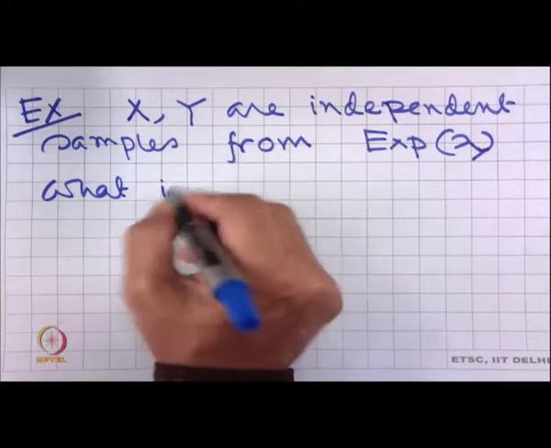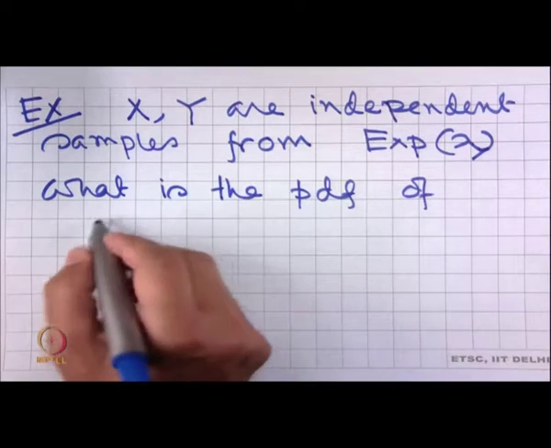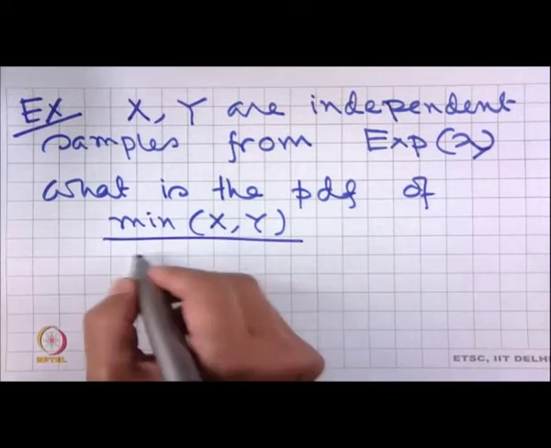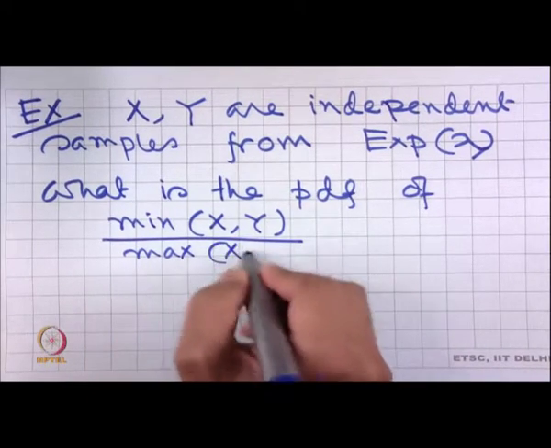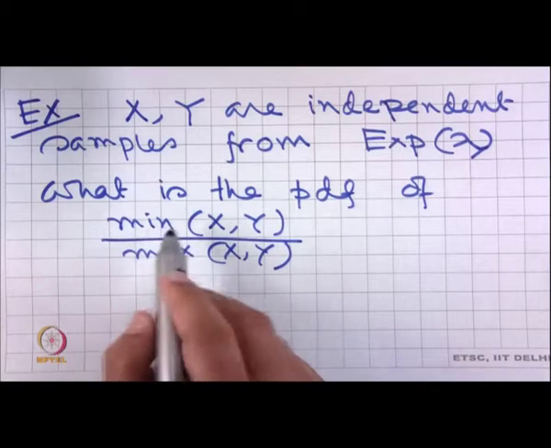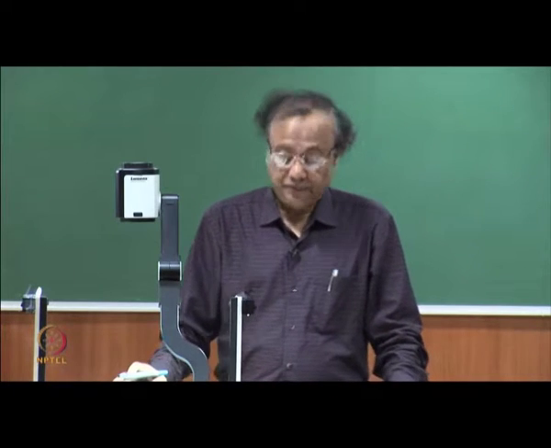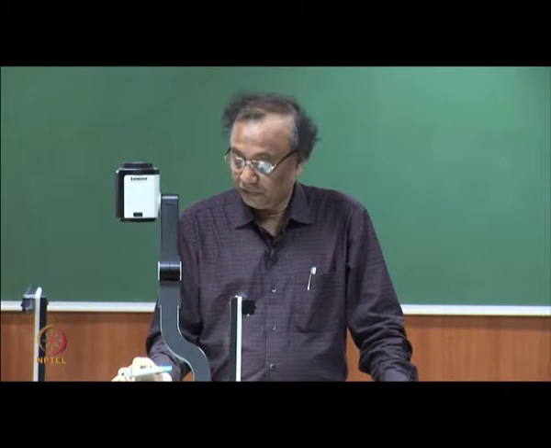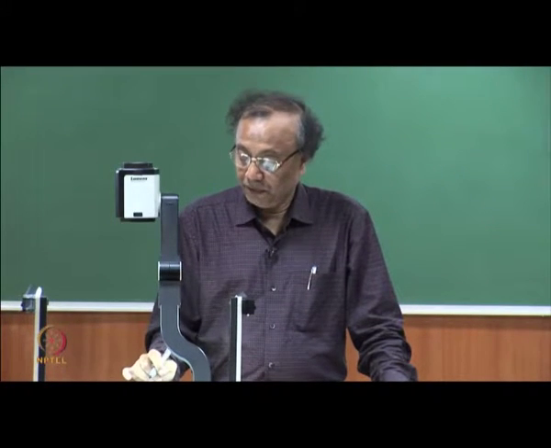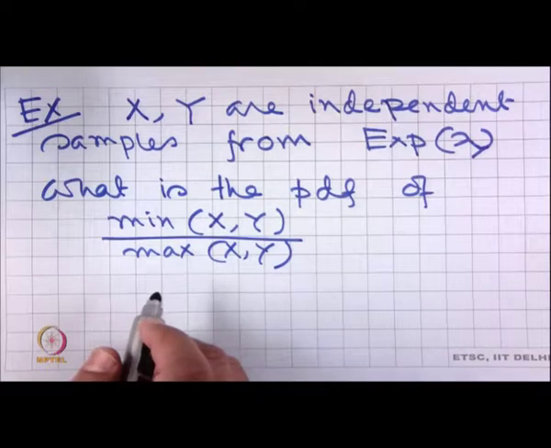Our aim is to find out the PDF of minimum of x y upon maximum of x y, and note that these two are not quite independent. So, one way of doing it is we can look at the joint distribution of these two, minimum of x y and maximum of x y, and from there we may like to compute the PDF of their ratio. I do it in a slightly tricky way.